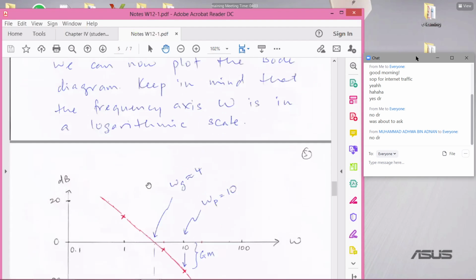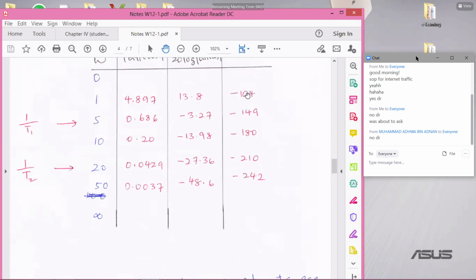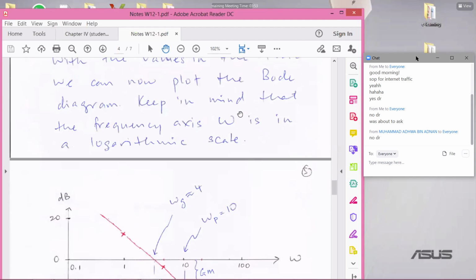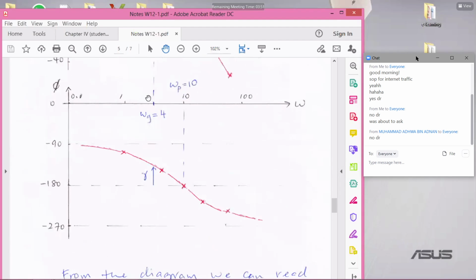And then you can now transfer all your 5 points. So frequency is equal to 1, -104 degrees. So this is frequency 1, frequency 5, frequency 10, frequency 20, frequency 50. So these are your 5 points. You can double check whether the points are accurate or not.